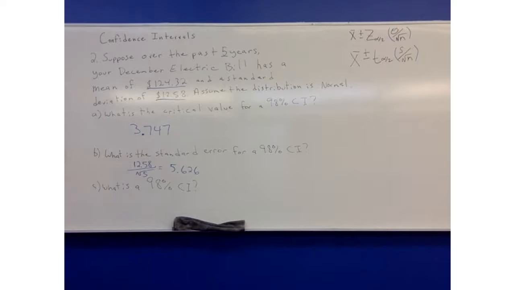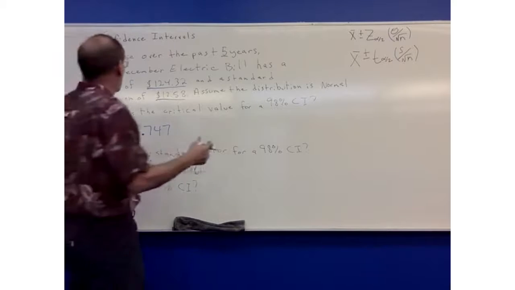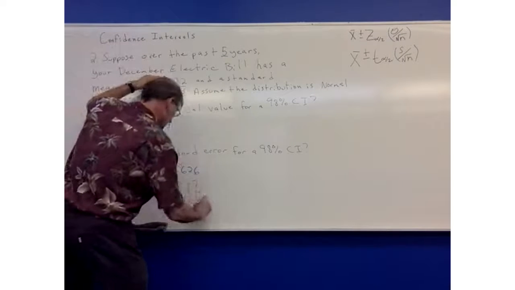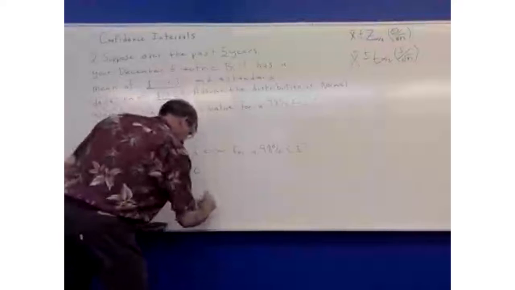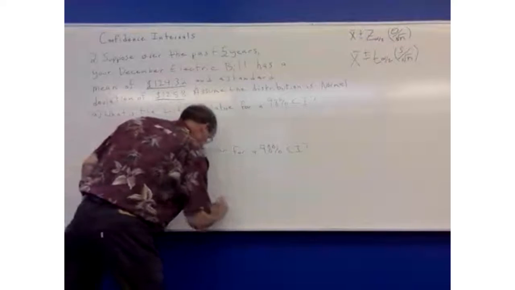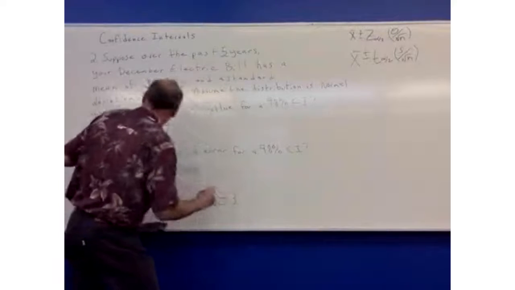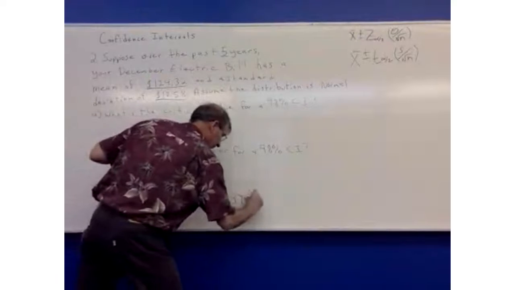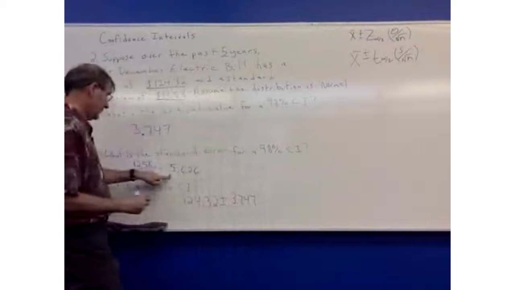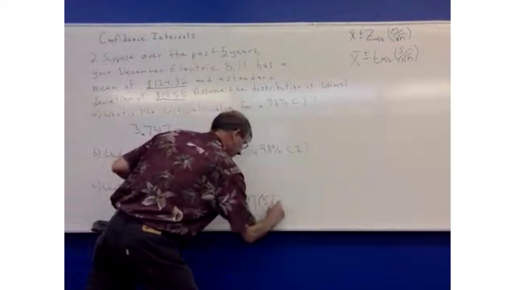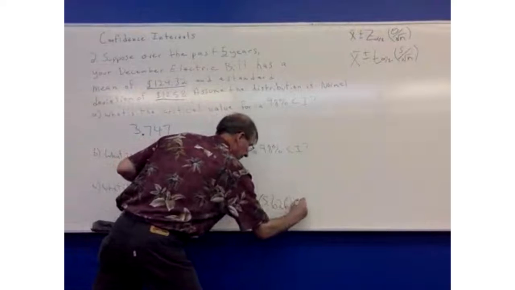Well, what we have to do is we take our best point estimate, 124.32 plus or minus our critical value, 3.747 times our standard error, 5.626.